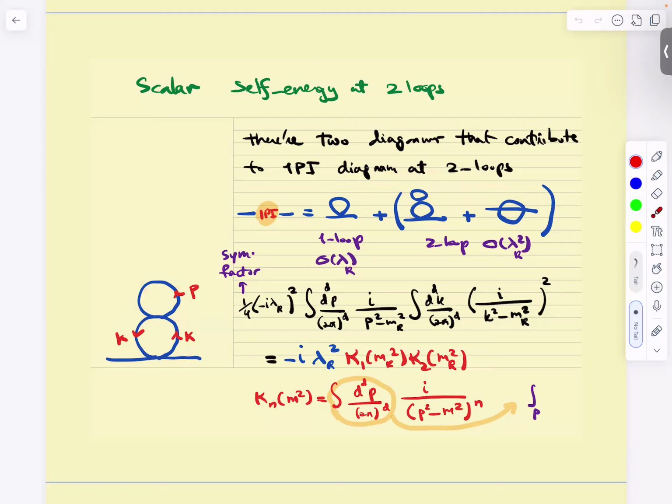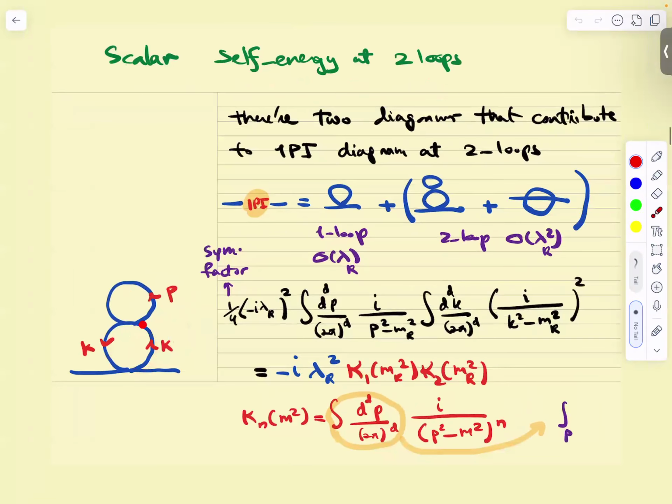Consider this guy. What is it? Well, there is momentum k, and this is p, right? So it's an integral over k and p, with minus i lambda_R squared because there are two vertices. There is a propagator for p and then two propagators for k. Everyone's with me? Now I immediately see the structure. It's convenient because these two integrals are completely independent.